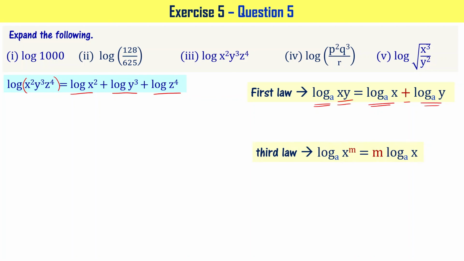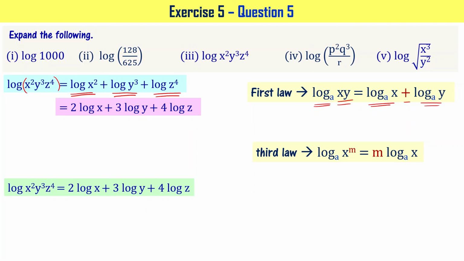Now I can apply third law. As per that, this becomes 2 log x, this becomes 3 log y, and this becomes 4 log z, right? Let's write that. 2 log x plus 3 log y plus 4 log z. So to answer the question, log of x square times y cube times z power 4 is equal to 2 log x plus 3 log y plus 4 log z.